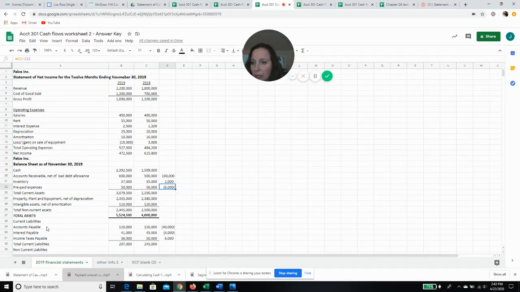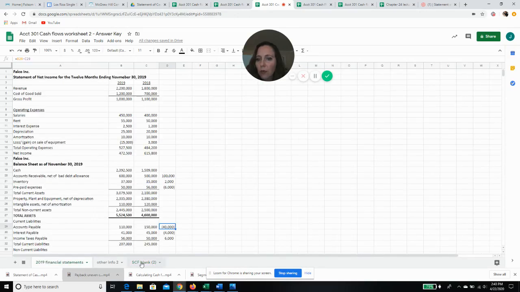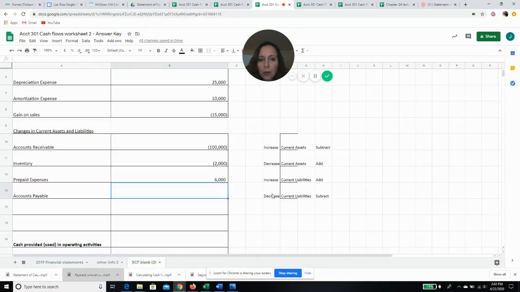So now let's look at our current liabilities. The first is accounts payable. Accounts payable decreased $40,000. So I'm going to type in accounts payable, and it decreased $40,000. So when I have a decrease in my current liabilities, I subtract.